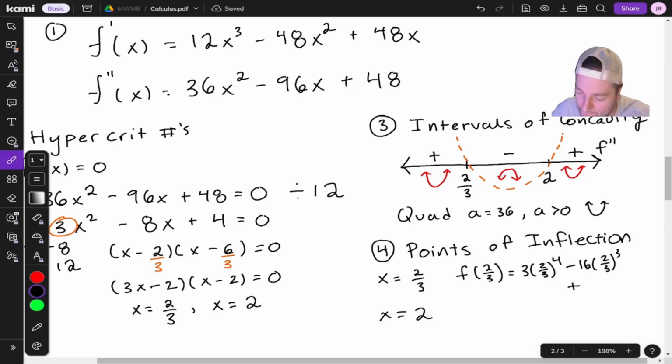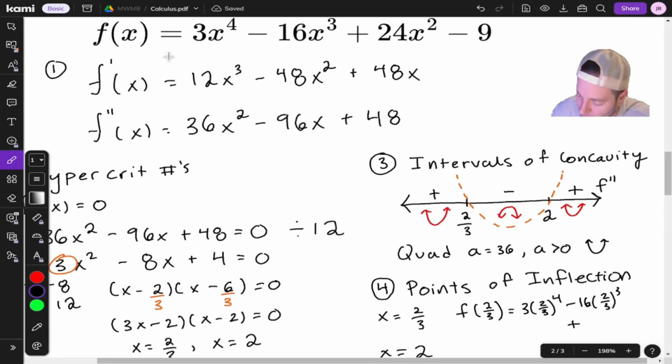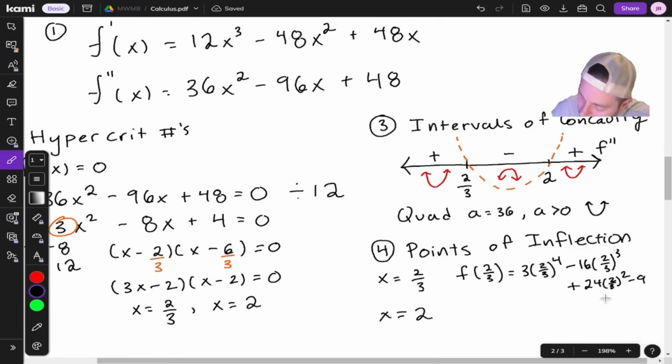A little tiny bit. 24x squared. So 2 over 3 squared minus 9. And when you run the numbers on that, you get somewhere about negative 2.5. I think it is. No, sorry, positive 2.5. Positive 2.5. Not exactly, but around that, right?